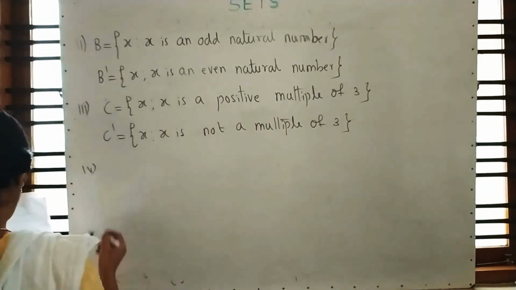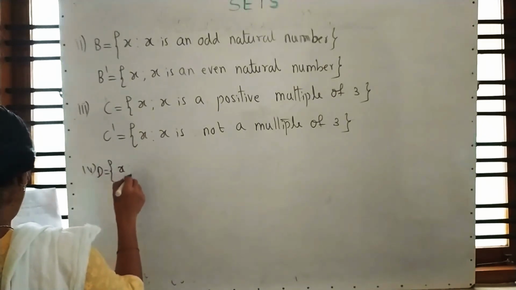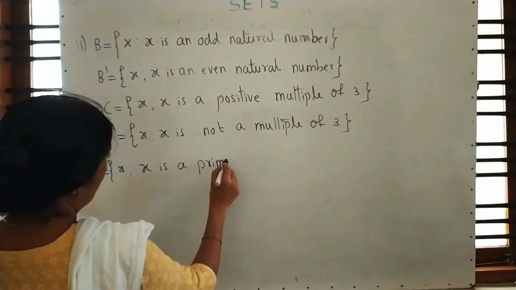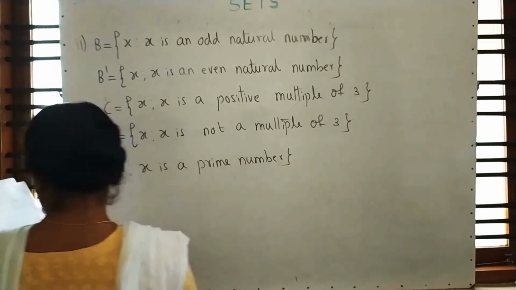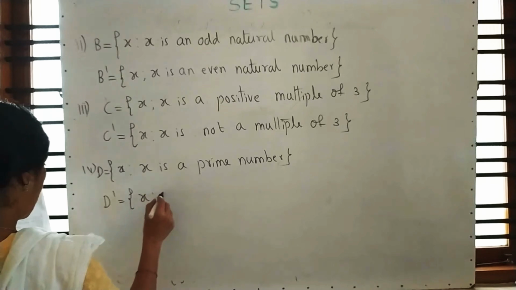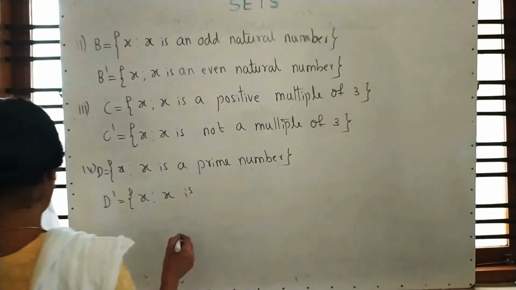Next, D. x such that x is a prime number. Next, what is its complement? x such that x is a positive composite number.